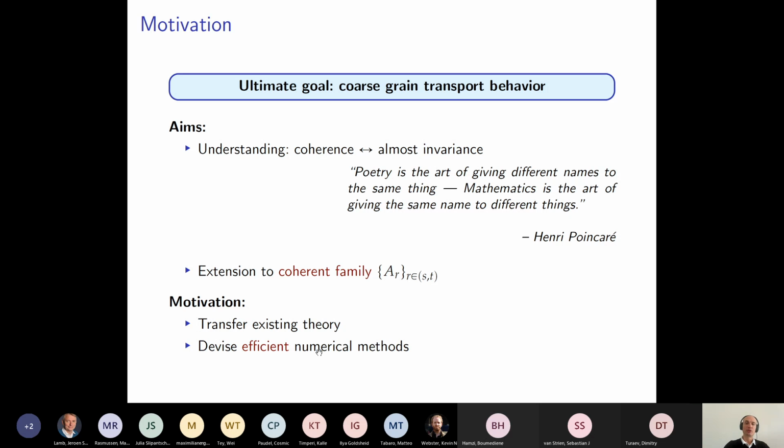We would like to be able to devise efficient numerical methods on the way. And what I would like to achieve with this talk is to extend things from the coherent pair, as I showed before, like initial and finite time, two sets, to a whole family, a continuously time parameterized coherent family of sets.